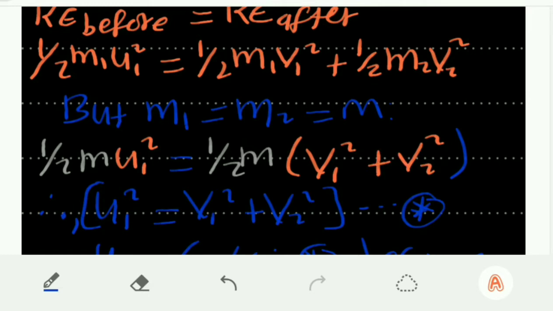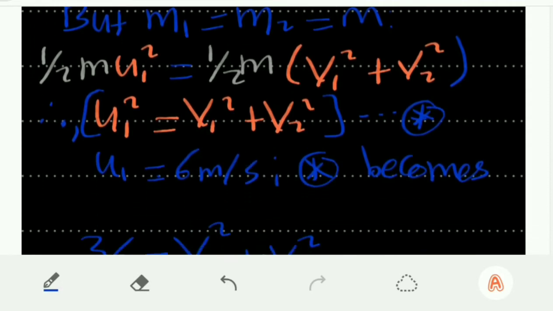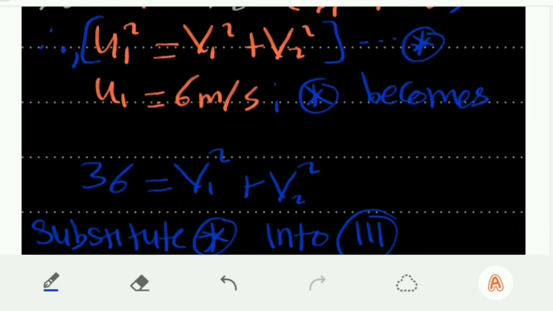We can call this equation star. Now we know that u1 is 6 meters per second; let us not forget this, we have been given it. If we substitute this u1 into equation star, we have 36 equals v1 squared plus v2 squared. This is our modified version of equation star.